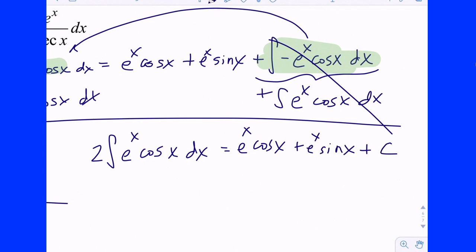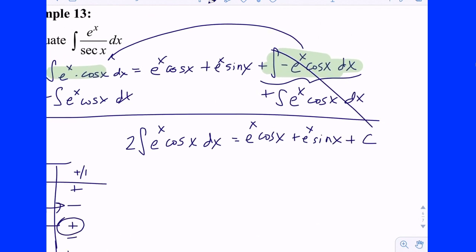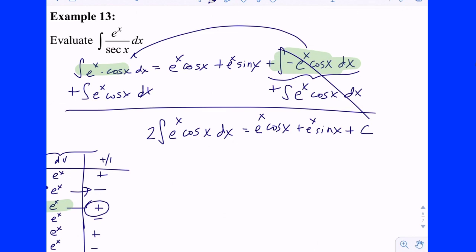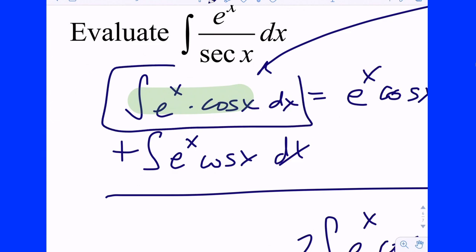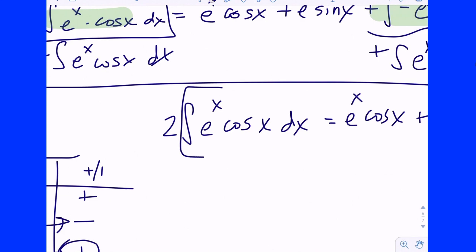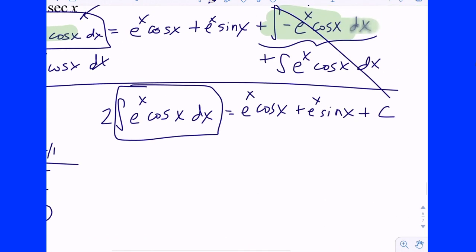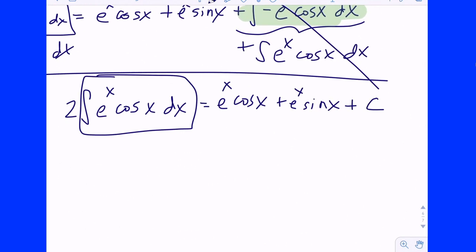And I know it's supposed to be there. Dang it. How does that help me? What is it that I'm after? I'm after this, right? That's what I want to know the answer to. That's right here. I'm currently multiplying it by 2. How do I undo multiplication by 2?